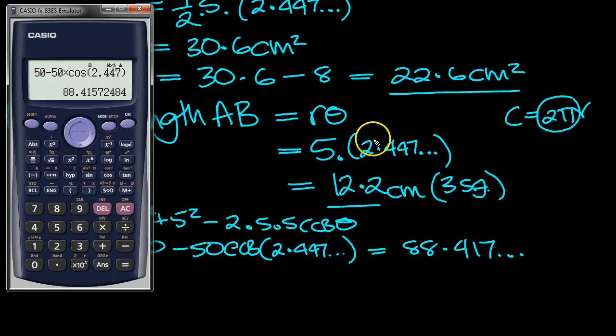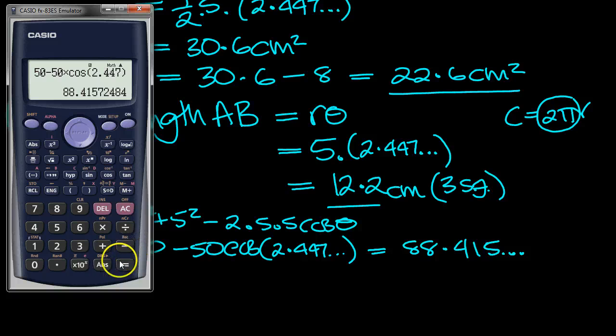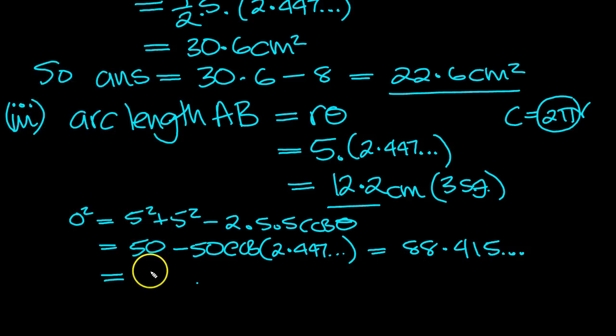Was it 415? And then, since I pressed answer, that's the 88. So if I do square root now of the answer equals 9.40. So to 3 significant figures, it's 9.40.